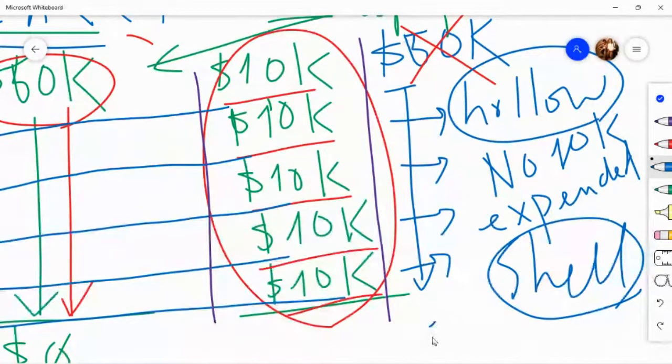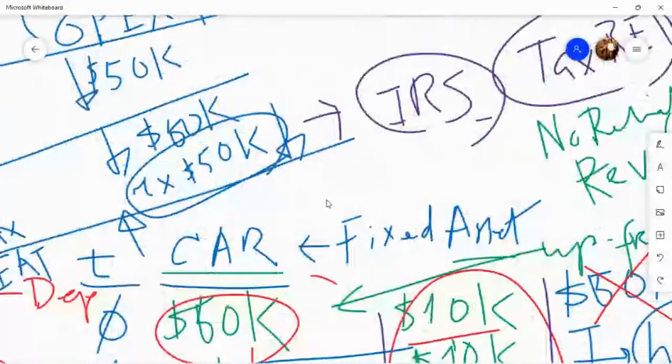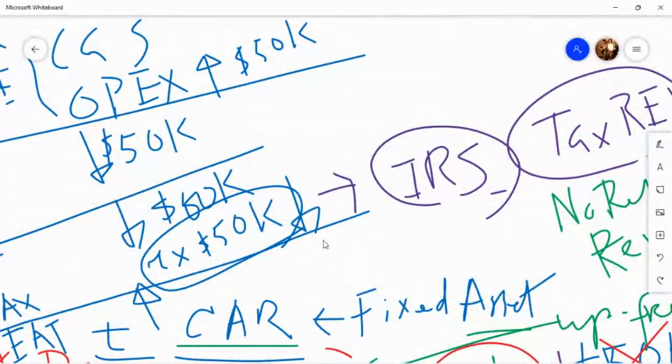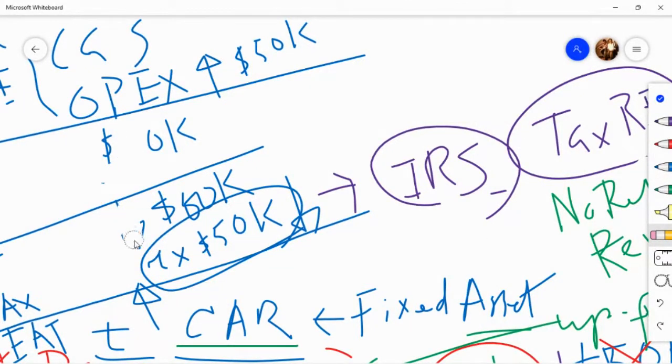And what does this do? Think about it. In year 2 through year 4, although you didn't spend this 10K, you will have the effect of an artificial 10K of spending, right?